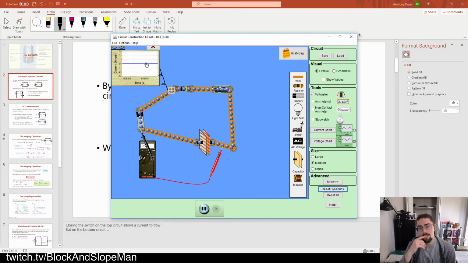As the capacitor charges, it's harder to put more charge on it. Remember, it's the potential difference between 2 points that actually makes the charges move. And the greater the potential difference, the greater the electric field, the greater the force.